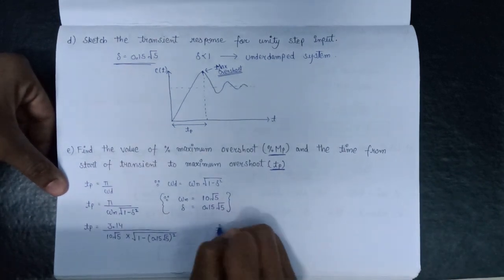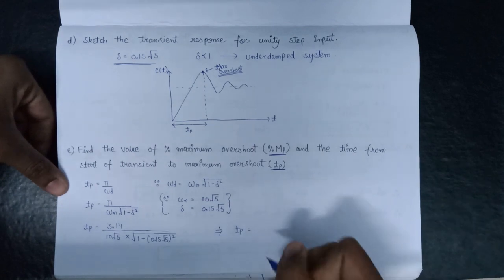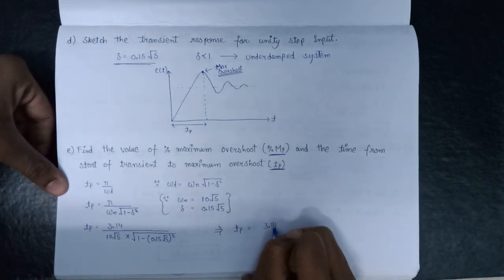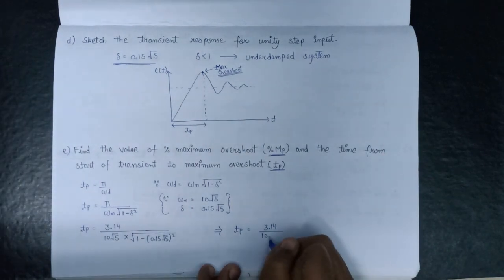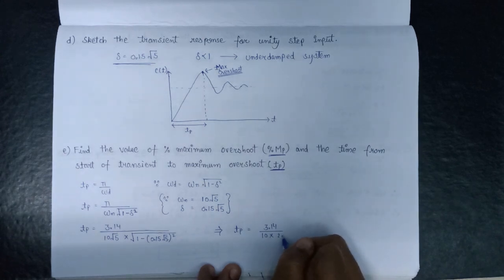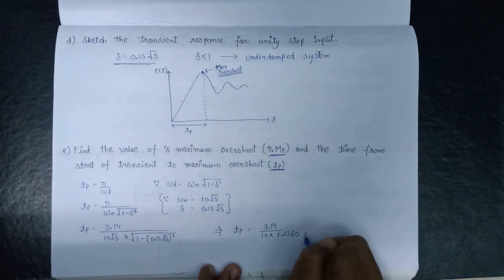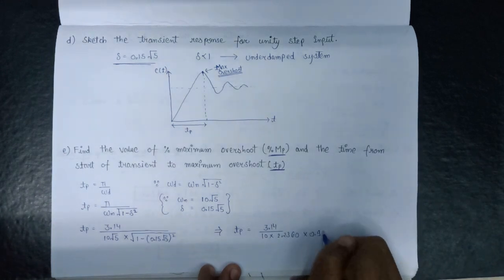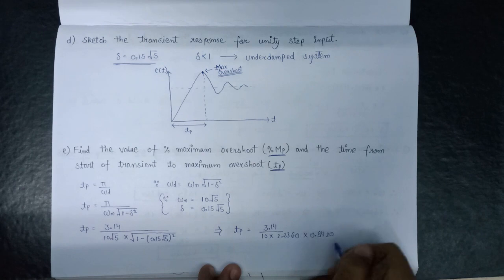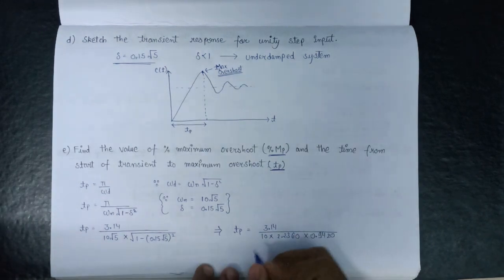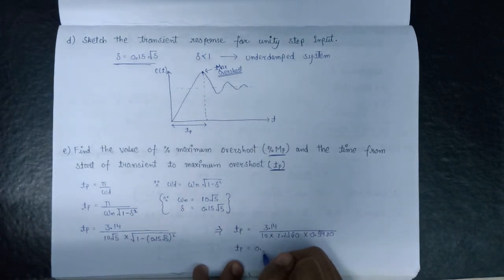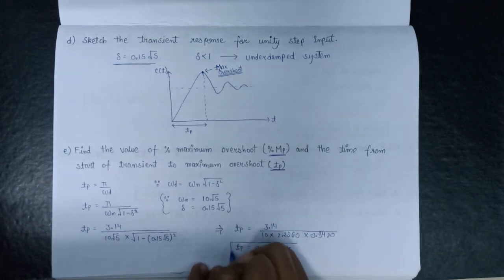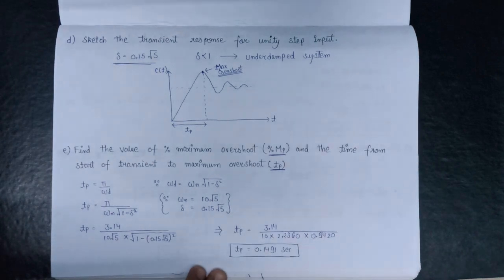So the value of Tp will become 3.14 divided by ten into 2.2360 multiplied with 0.9420. On multiplying, we get the final value of Tp as 0.1491 seconds. So this is the value of Tp, that is peak time.